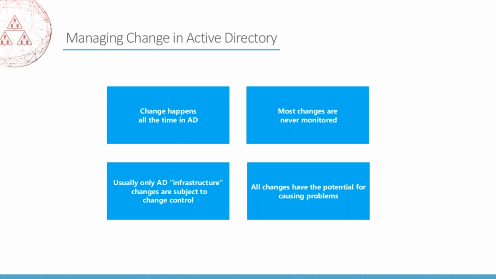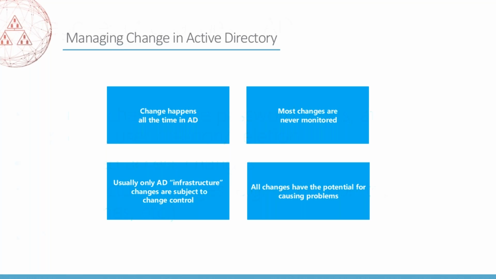Now, the problems can range from basically your AD becoming unavailable to even more nefarious problems. So I think when we're thinking about change in AD, you sort of have to weigh the risks versus the rewards of implementing more stringent change control.